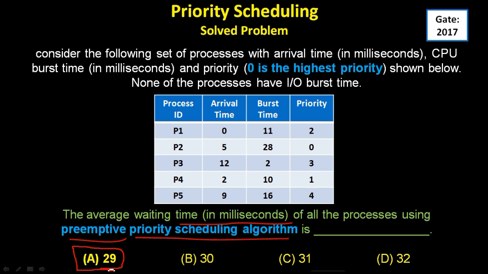In this fashion you can calculate the average waiting time of the processes, whichever algorithm we are using. In the question they will mention the algorithm name and give the proper table. If no arrival time is mentioned in the table, we can put the arrival time as 0 for all the processes, and we need to calculate and find the right answer, right?